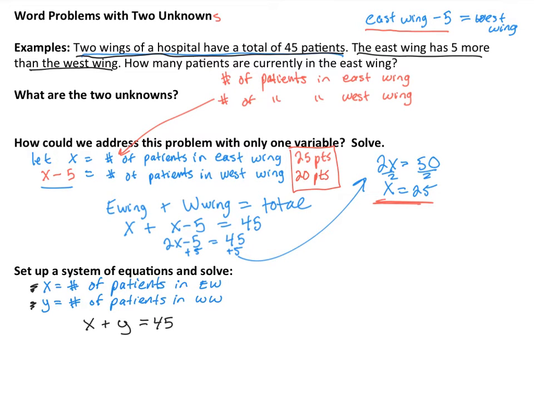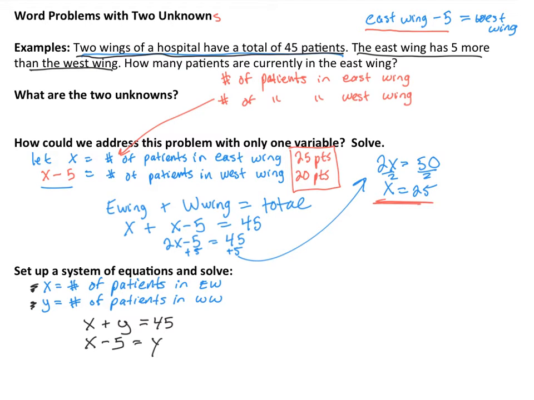And we actually found that. If we take the East Wing and subtract 5 from that, we're going to get the number of patients in the West Wing. Whoops, that should not be a y. Oh, it is. I'm sorry. I'm kind of getting all backwards here. If we take the number of patients in the East Wing, take away 5, then that will equal the number of patients in the West Wing.